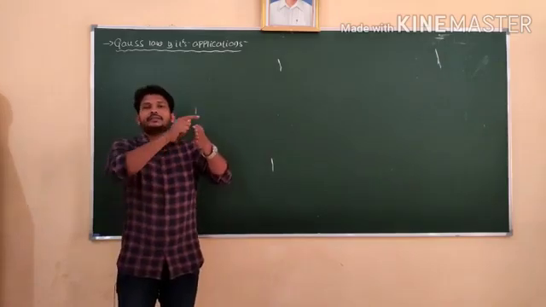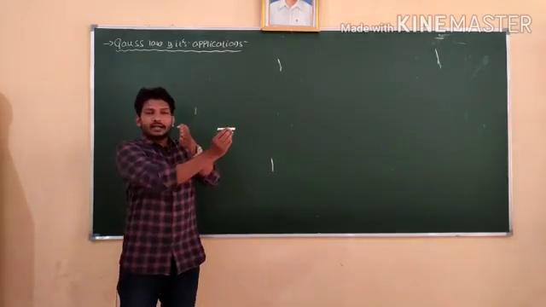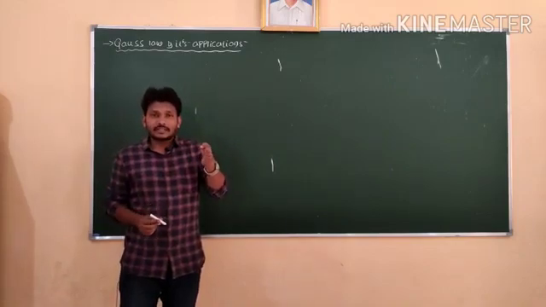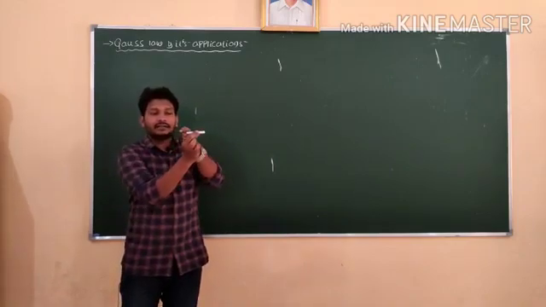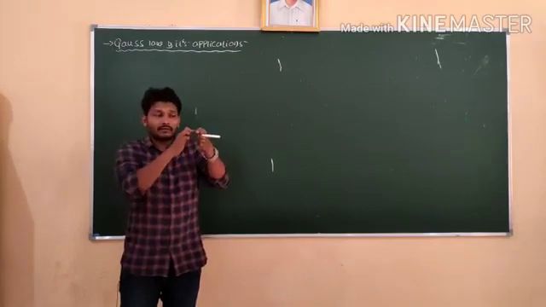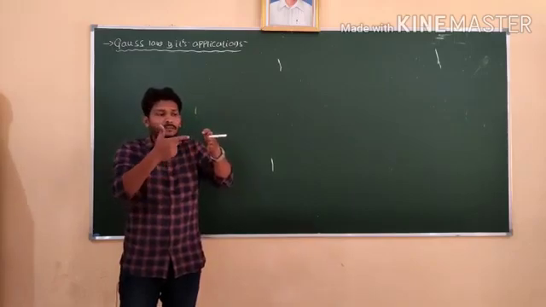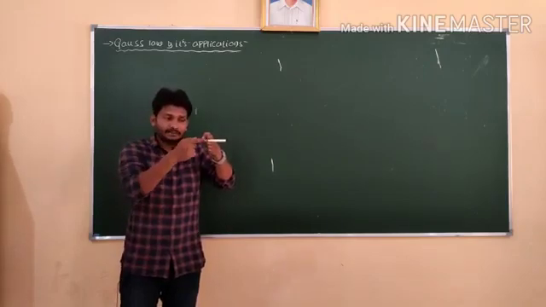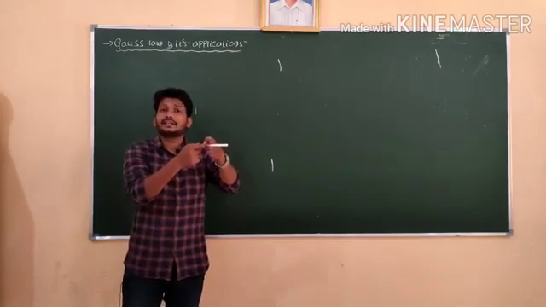For example, if this is one surface and the electric field lines are passing in this direction, theta represents the angle between the electric field line and the normal line. For this surface, which will be the normal line? The perpendicular line. So the angle between the electric field line and the normal line is theta here.